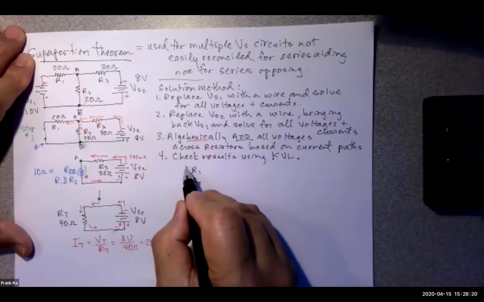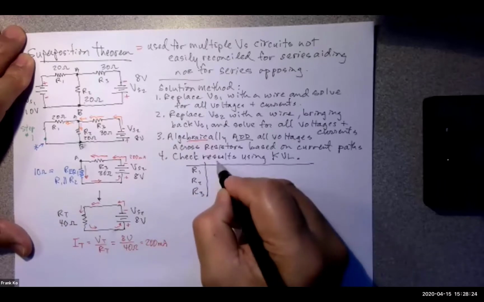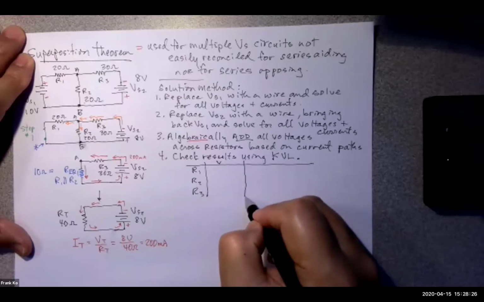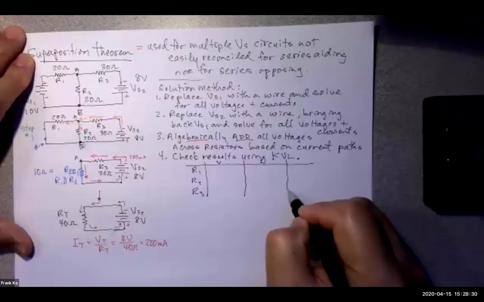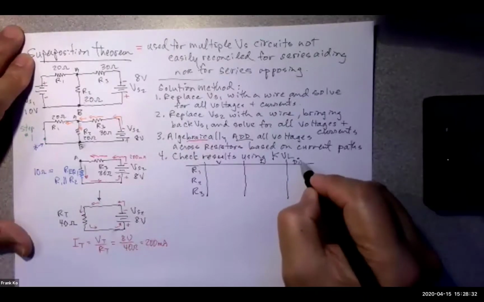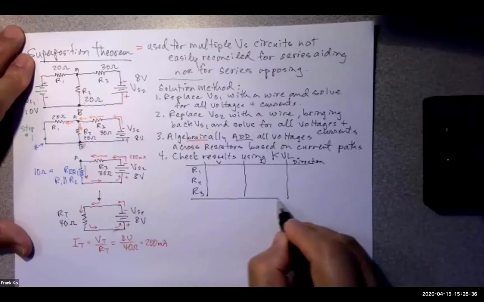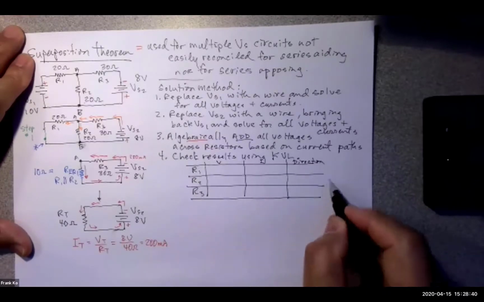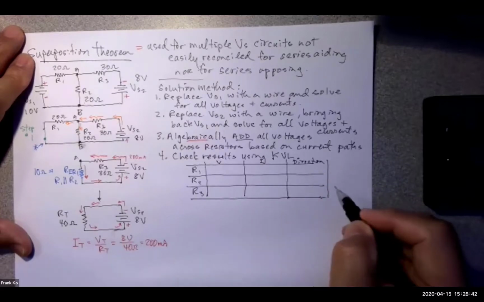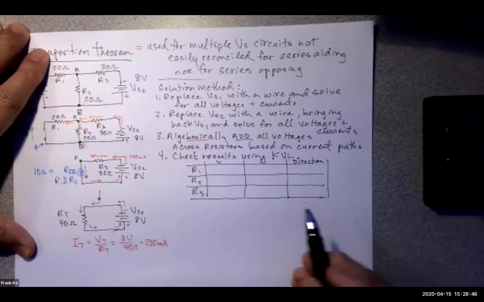It will be set up for a V column, an I column, and a direction column. So there are 3 columns: V, I, and direction.